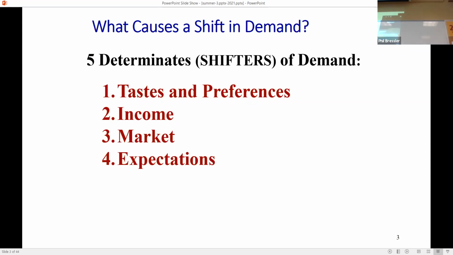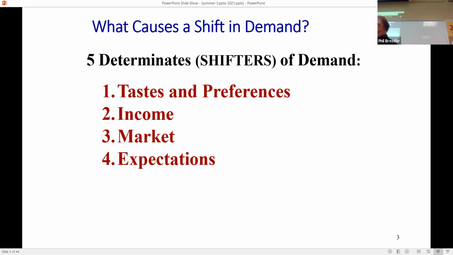This one's a tad tricky. If people expect the price of cars to go up in September, what's that going to do for the demand of cars now? Well, the demand's going to go up, because if people are expecting prices to go up in the future, they'd rather buy the product now at a cheaper price.